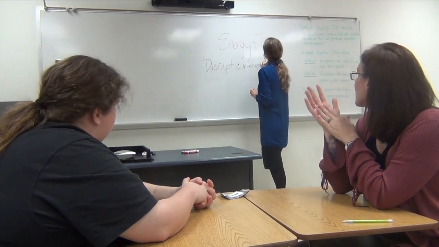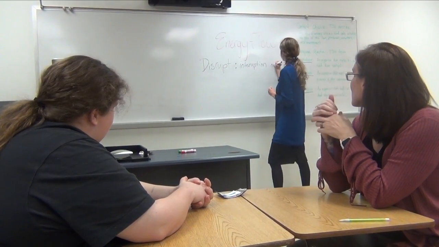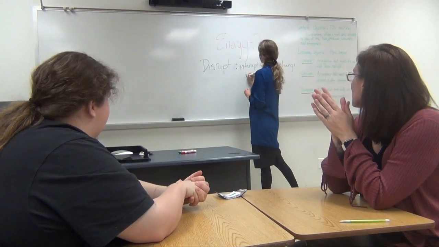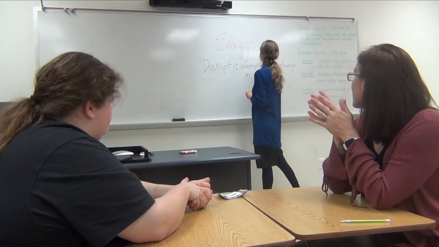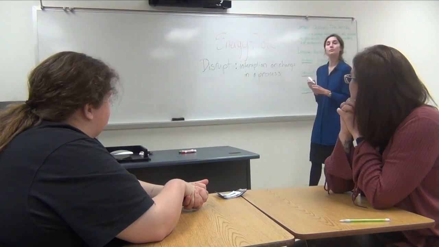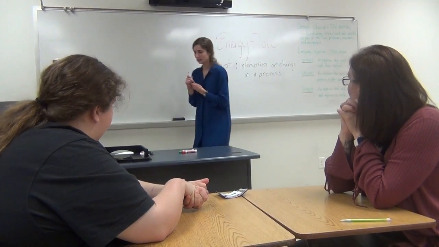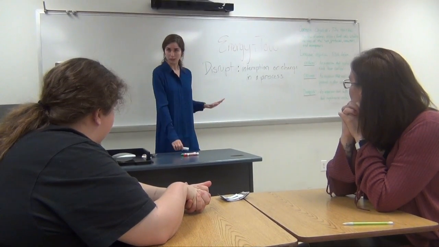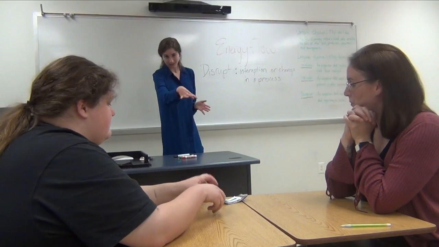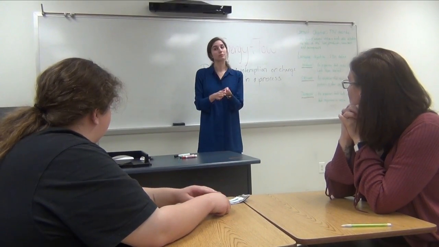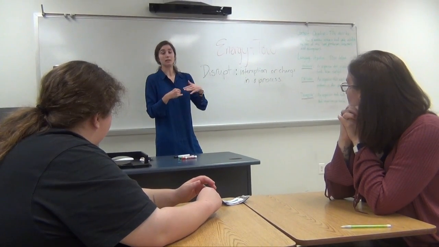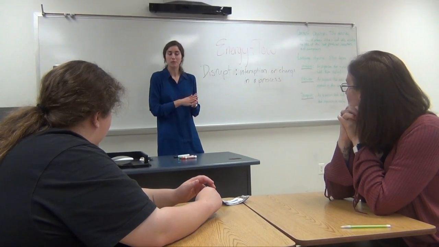An interruption or change in a process. And the process that we're talking about is energy flow through an ecosystem. Now, there are several examples of this, and if you want to look at those pictures, the wolf is one example of a disruption.